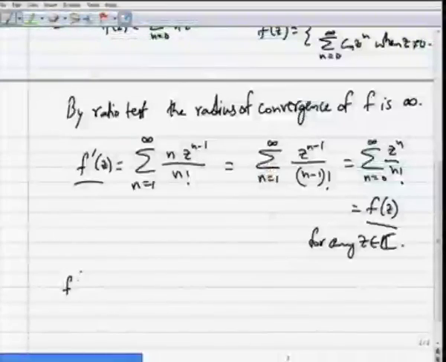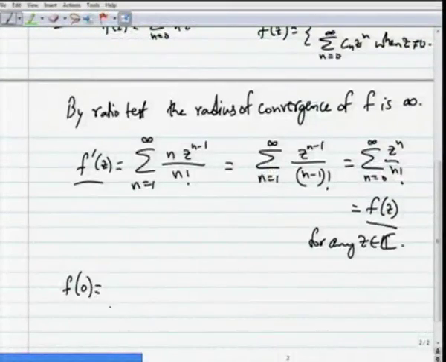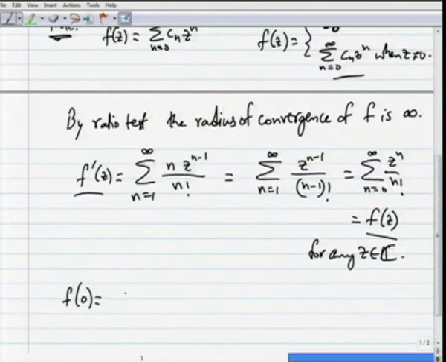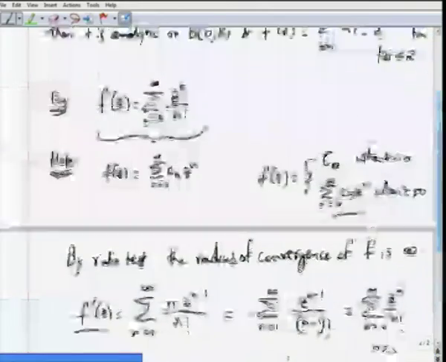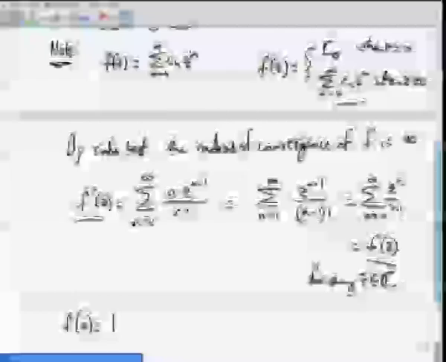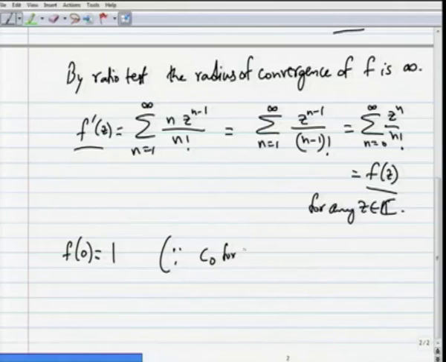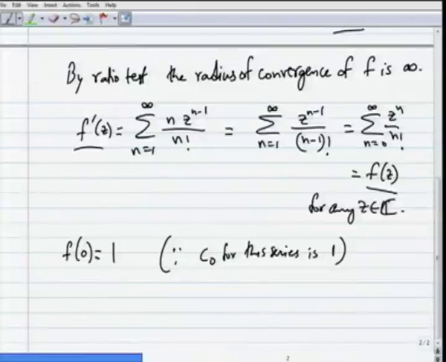Not only that, observe that f of 0 should actually equal 1, because C 0 for this series is 1 by 0 factorial, and 0 factorial is defined to be 1. So, you have 1. f prime of z is equal to f of z.